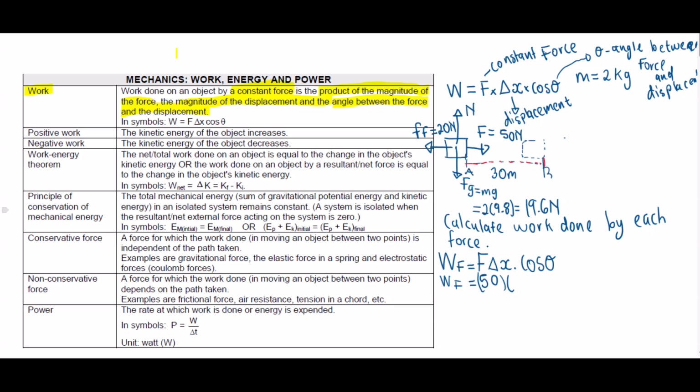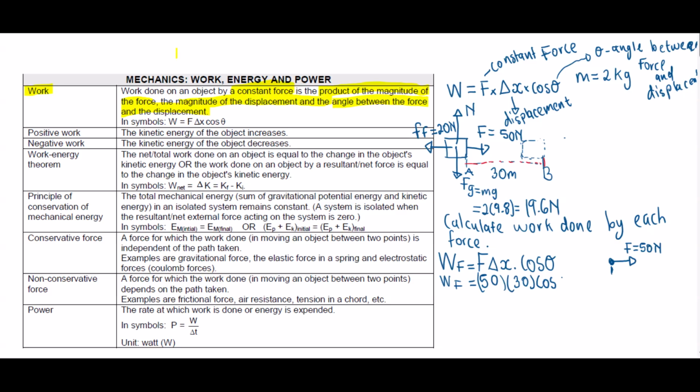The object was displaced from point A to point B. The displacement is 30 in this situation, and then we say cos of theta. With regards to theta, it is the angle between the force F, which is the 50 newtons force, and the displacement.